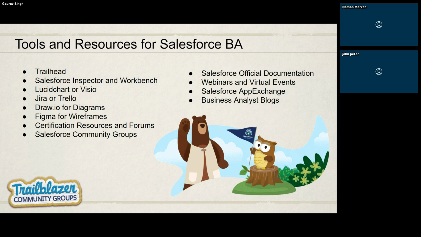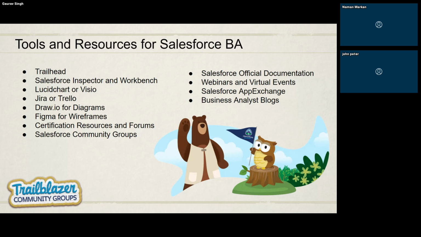Then there is the Salesforce official documentation. As a BA, our information should be precise, and there should be no contradictions in what we say. When I mentioned continuous learning, every year we get a release, we update some features, and all these things, once released, are shared in the official documentation.